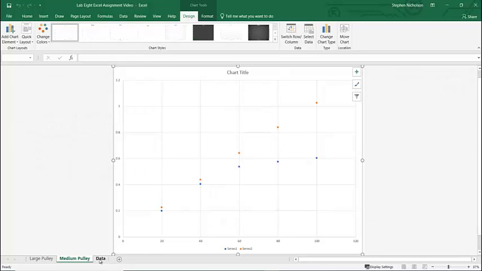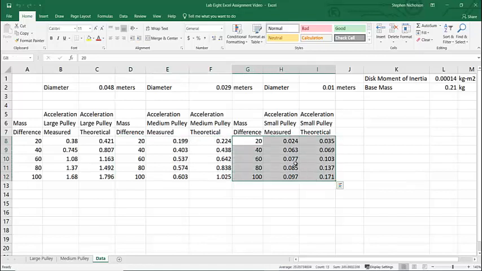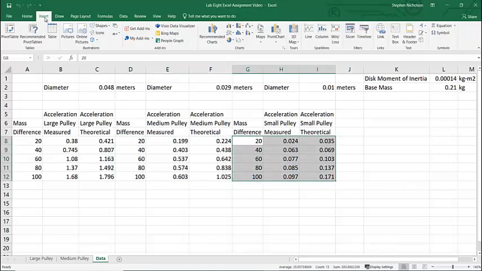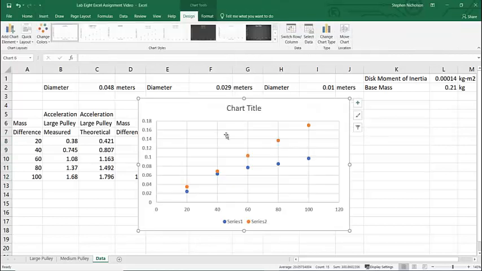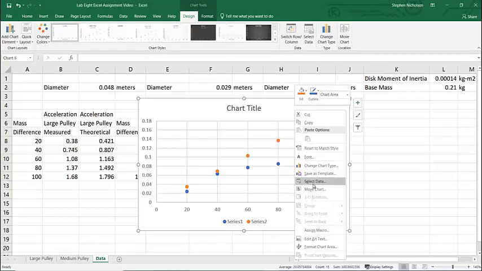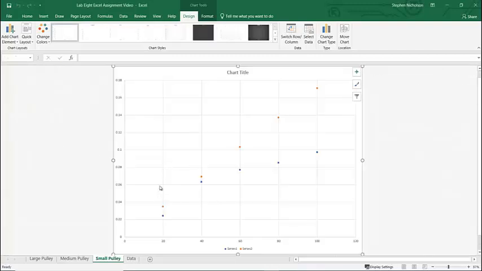And then finally the third group of data: Insert, Chart, Scatter Plot, right click, Move Chart, Small Pulley. So now we've got our three graphs.